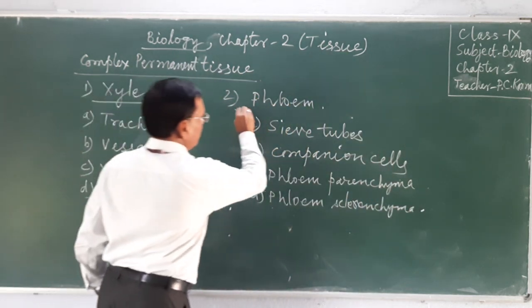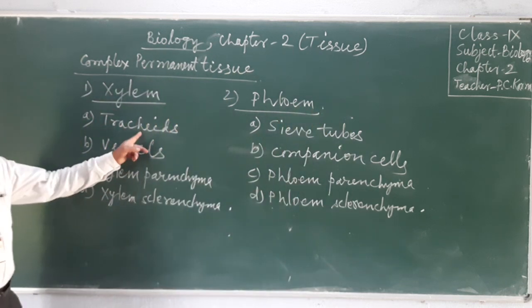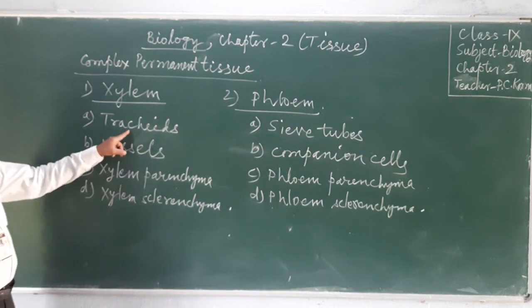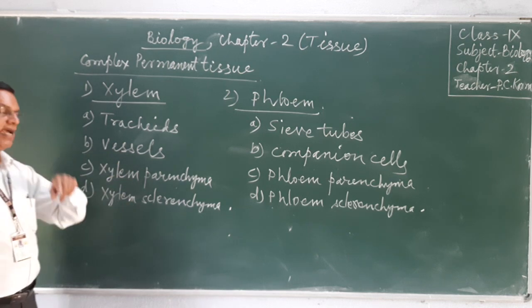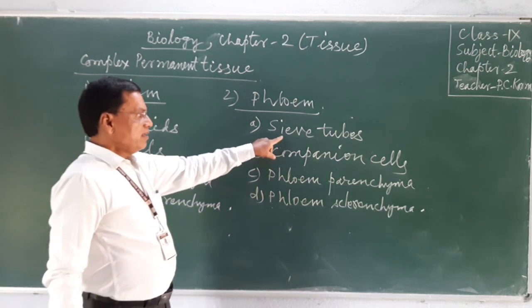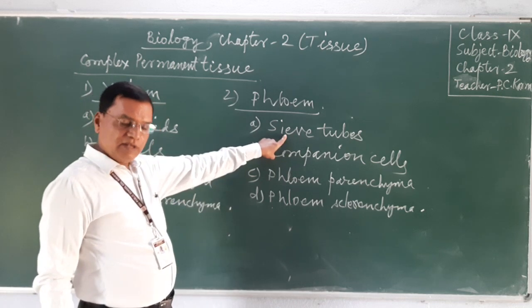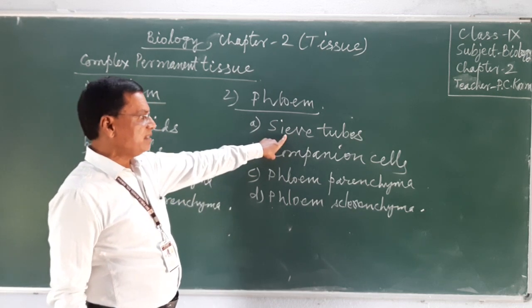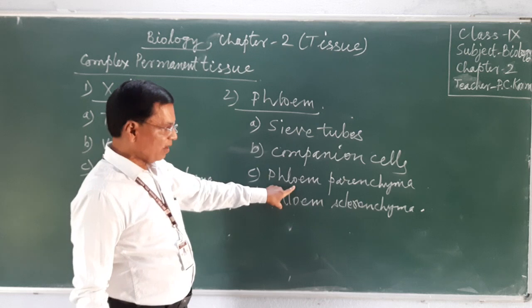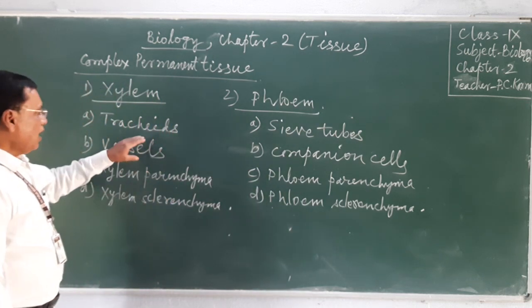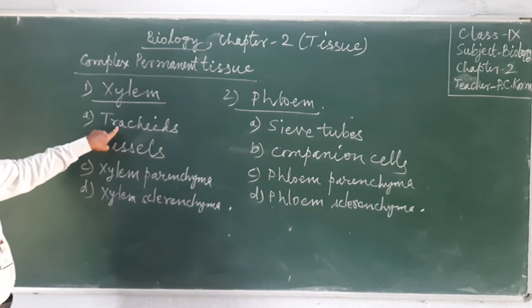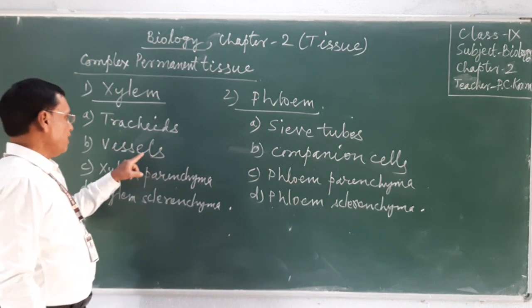Xylem tissue is made up of four different types of cells or elements. These are tracheids, vessels, xylem parenchyma, xylem sclerenchyma. This phloem tissue is also made up of four different types of cells: sieve tubes, companion cells, phloem parenchyma and phloem sclerenchyma. Now, these tracheids are tubular cells, means tube-like.